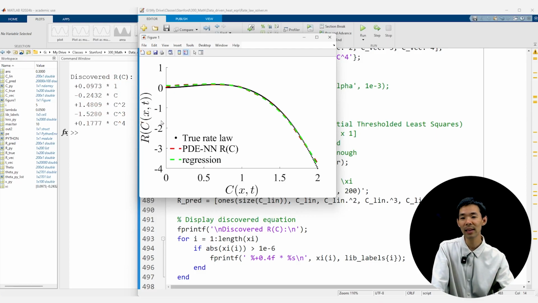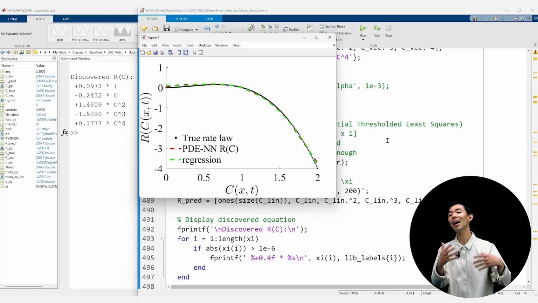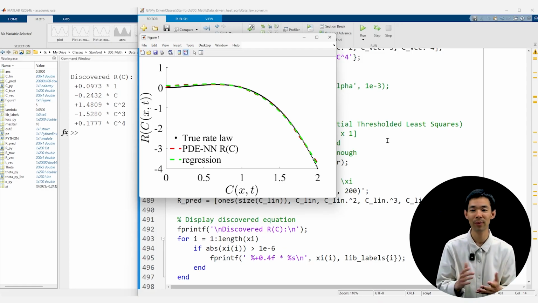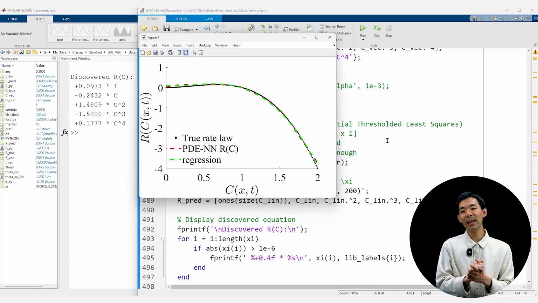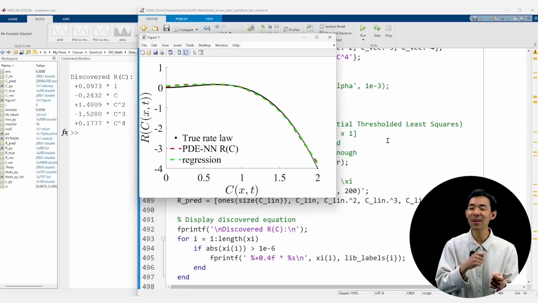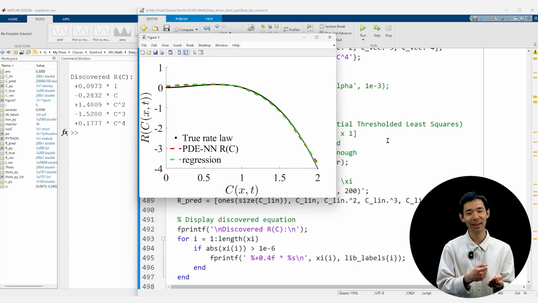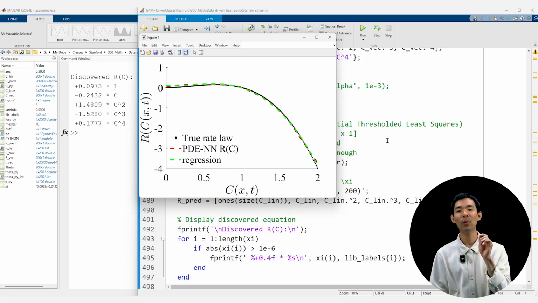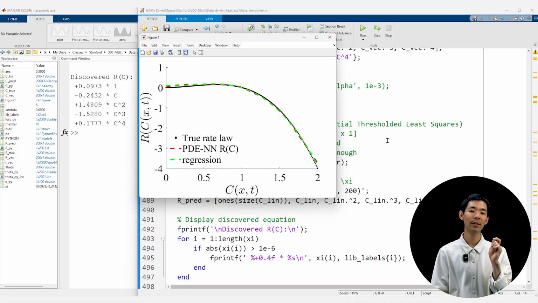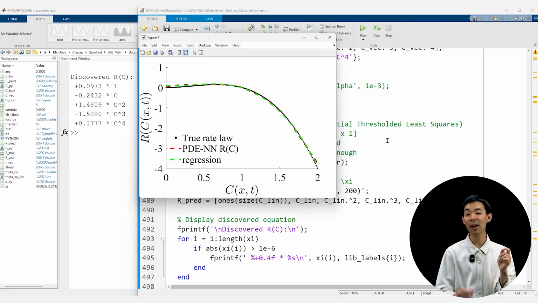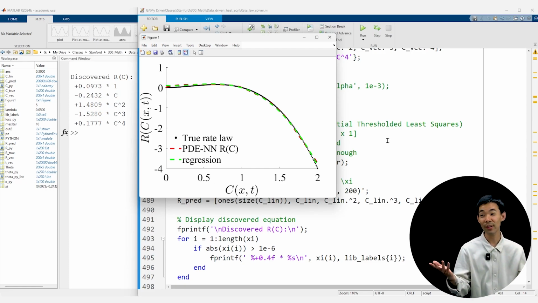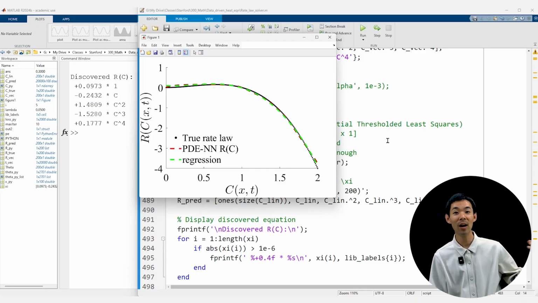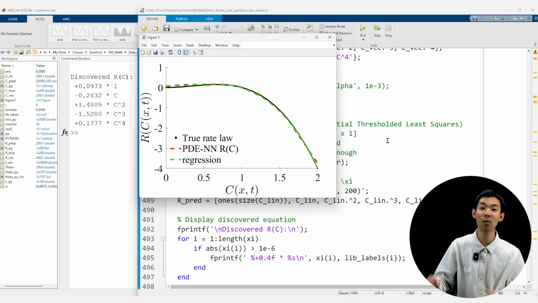So I think this highlights the challenge and difficulty of these types of data-driven models. It can be kind of finicky. If you just saw the red dashed line compared to the black curve, you'd say, oh yeah, the neural network found a pretty good black box model that takes in concentration and spits out a rate law.